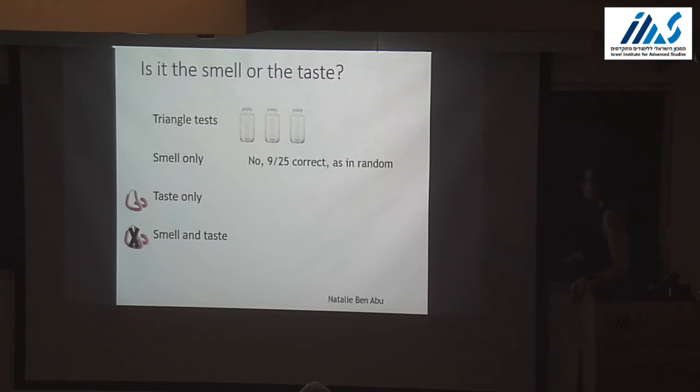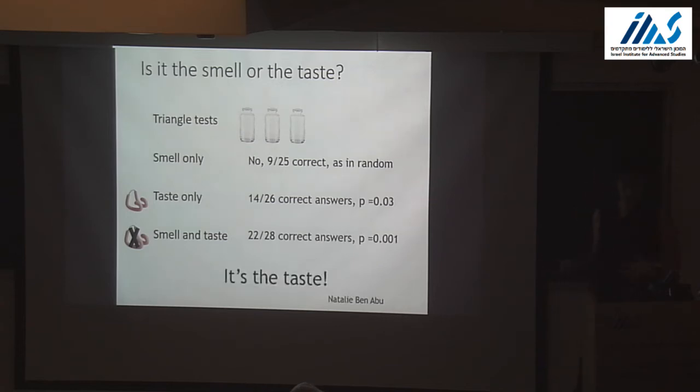And that was done for 25 people. So only 9 out of 25 chose the correct sample, and this is just random because 30% correct answers is just random. For taste only, it was significantly better. Smell and taste was even better, but we can conclude from here that taste is enough to discriminate between H2O and D2O.